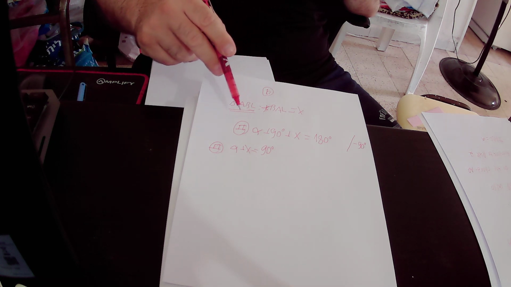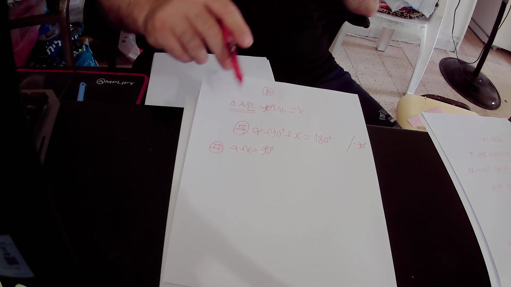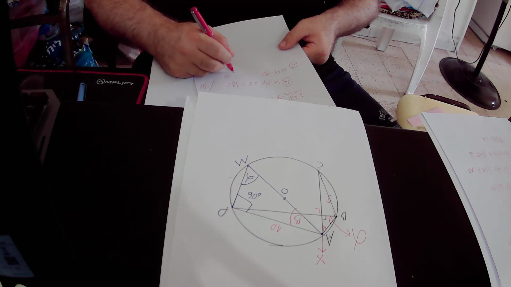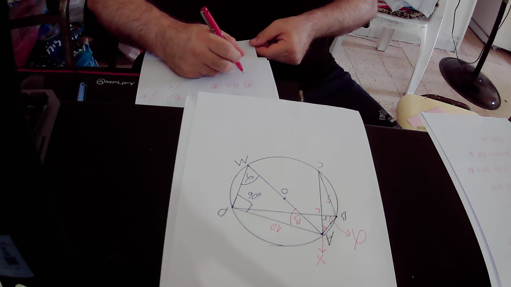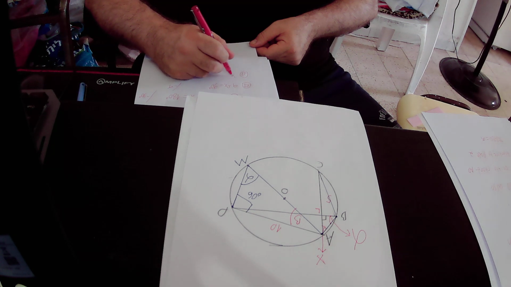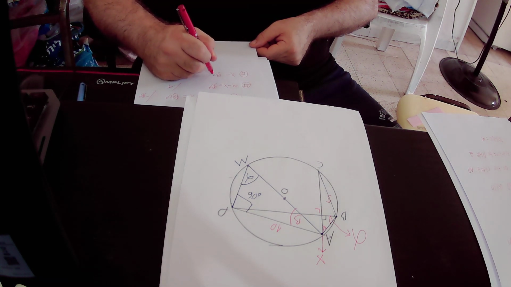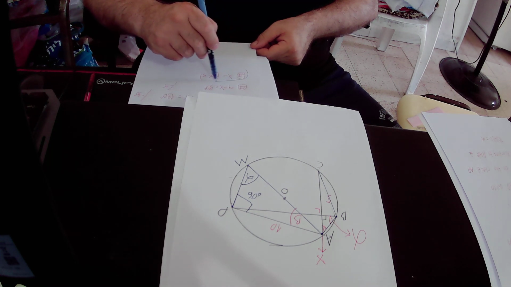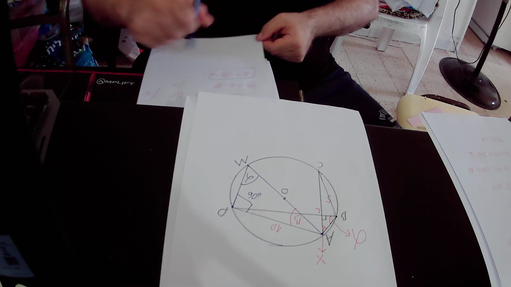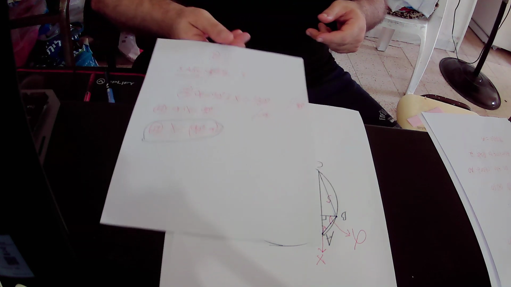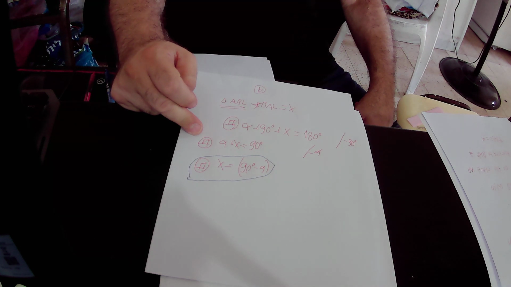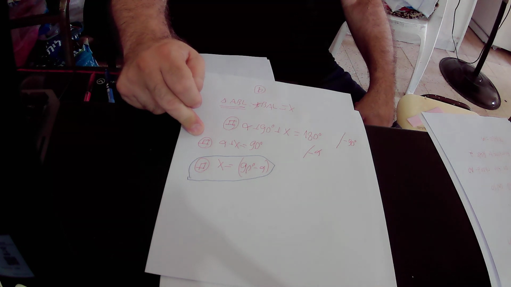Now we'll subtract alpha from equation number 2. We subtracted 90 degrees from this equation, we subtracted alpha from this equation.